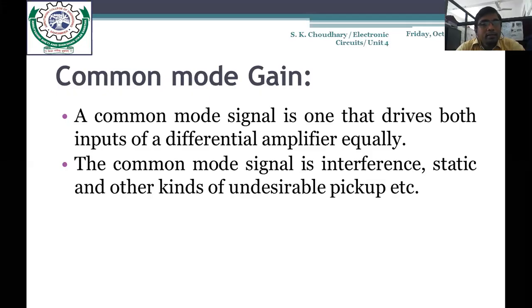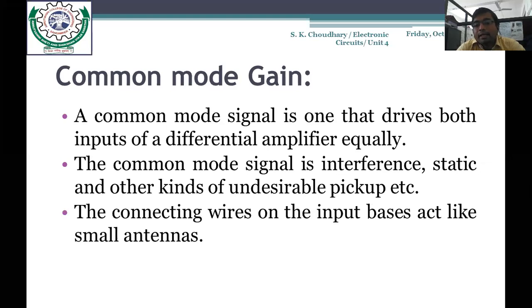So the common mode signal is what? It may be an interference or static or any other kind of undesirable pickup. That is generally a common mode signal.